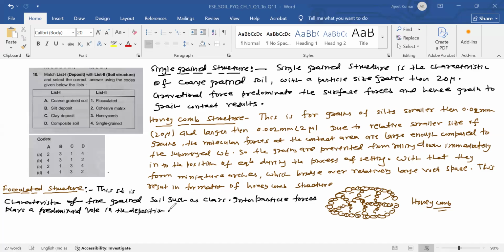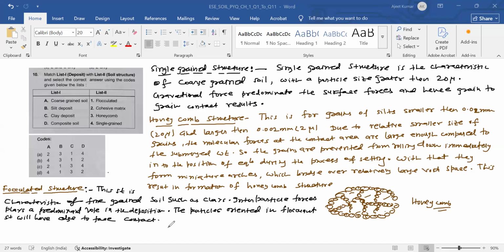The particles oriented in flocculent structure will have edge to face contact.